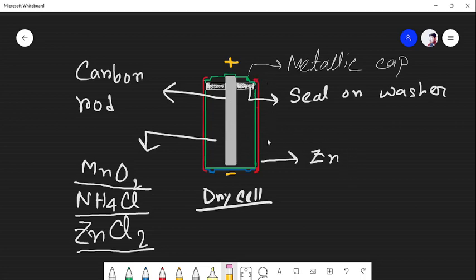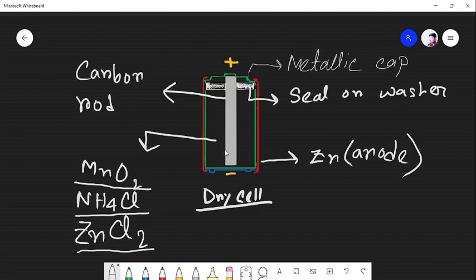The container of a dry cell is made of zinc, and this zinc container acts as the anode. There is a metallic cap at the top and a seal or washer just behind it. Inside the cell are manganese dioxide, ammonium chloride, and zinc chloride.